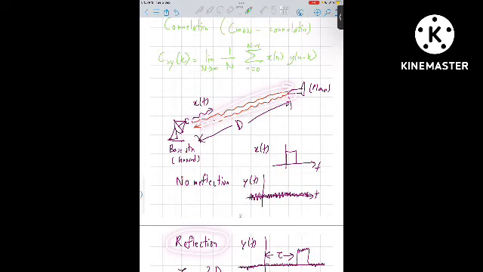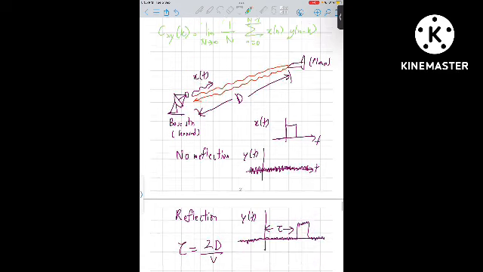The very simplest way to determine the distance is to take the correlation of x(t) and y(t). Let me plot each of them.